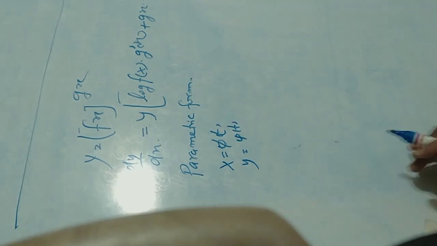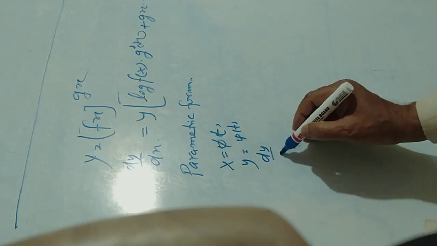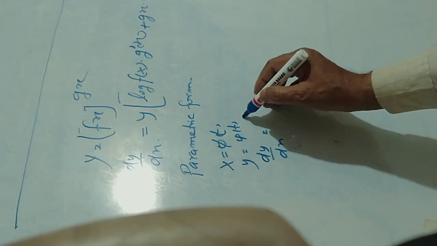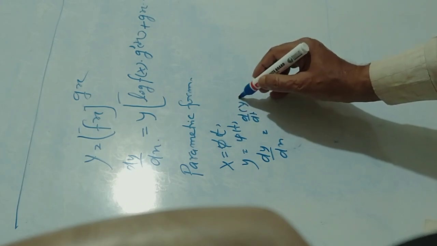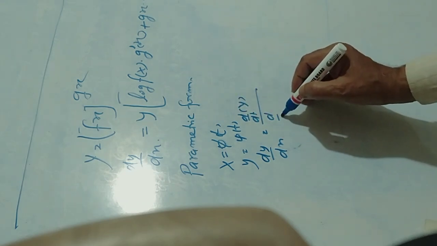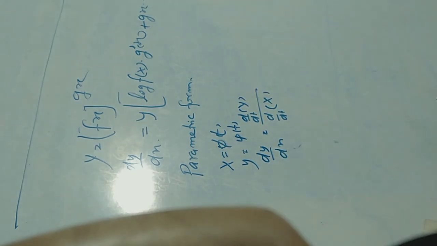This is the function of t. In that case, dy/dx is equal to d/dt of y whole upon d/dt of x, right? In this way we find the derivative of parametric form. Any problem you can use this.